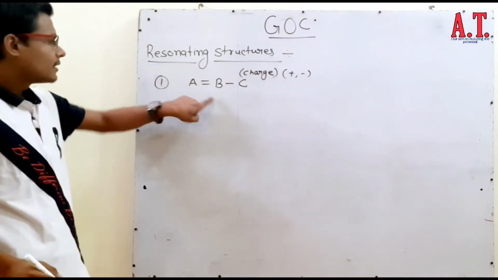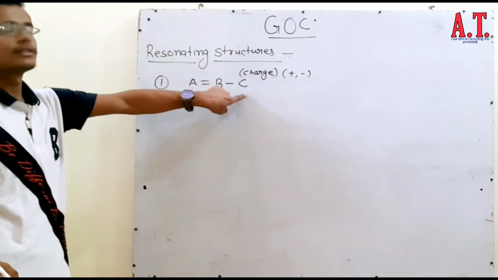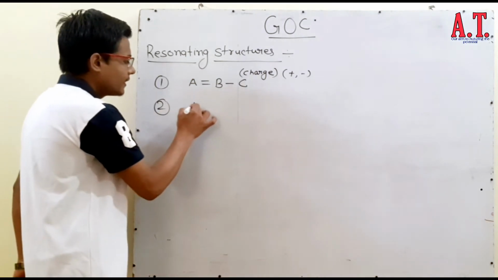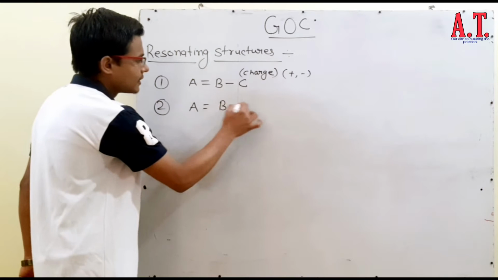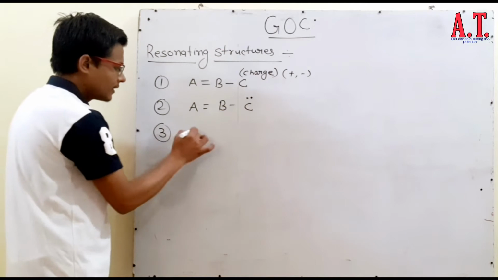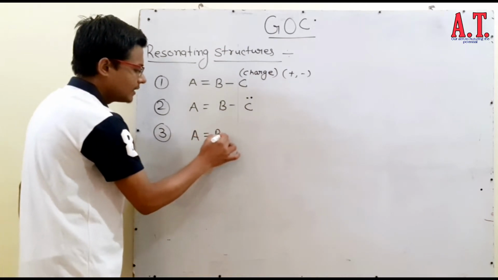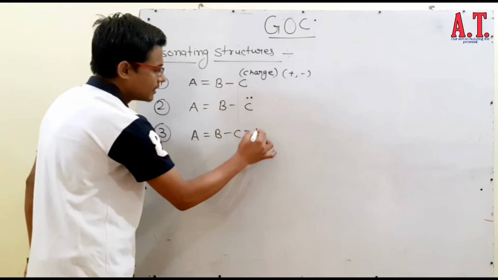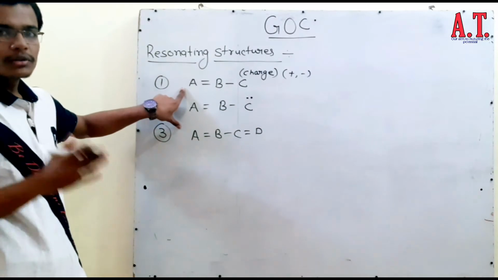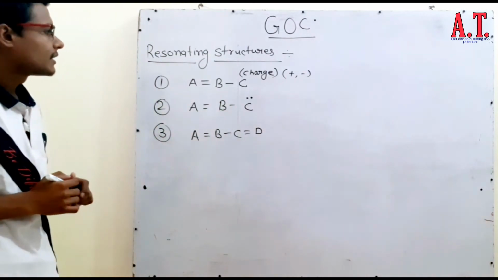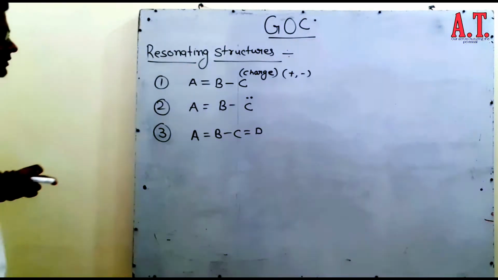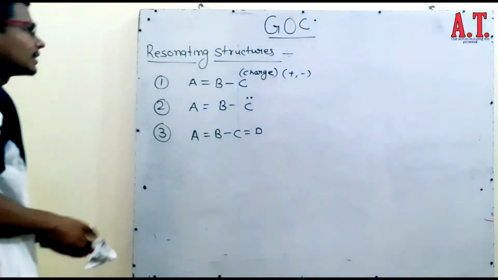And the second one is A double bond B single bond C lone pair, and the third one is A double bond B single bond C double bond D. These are the frequent cases where we have to draw the resonating structures in organic compounds. So let me take one example so that the idea will become clear to you.